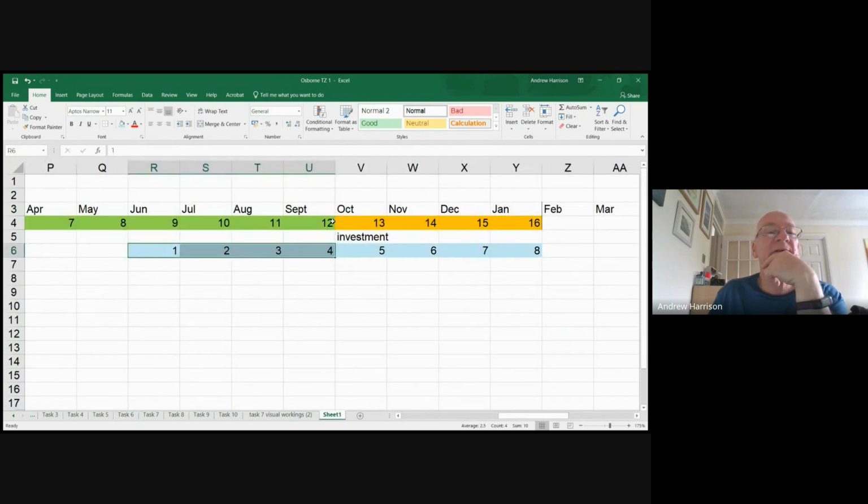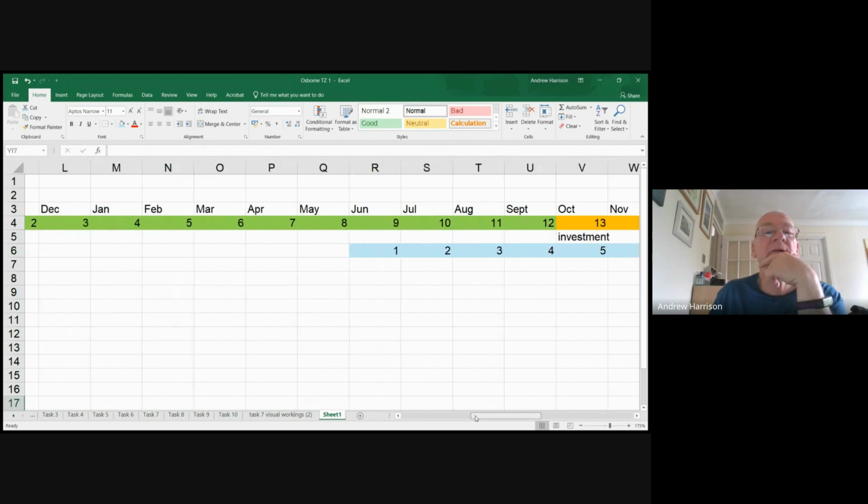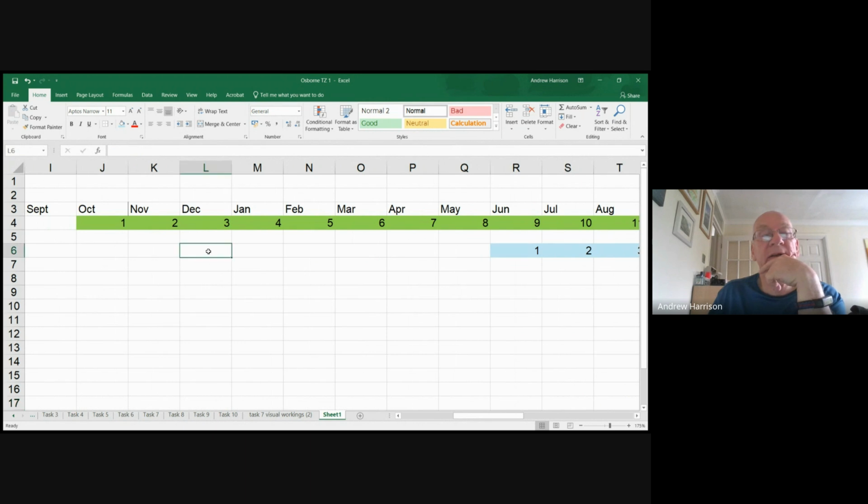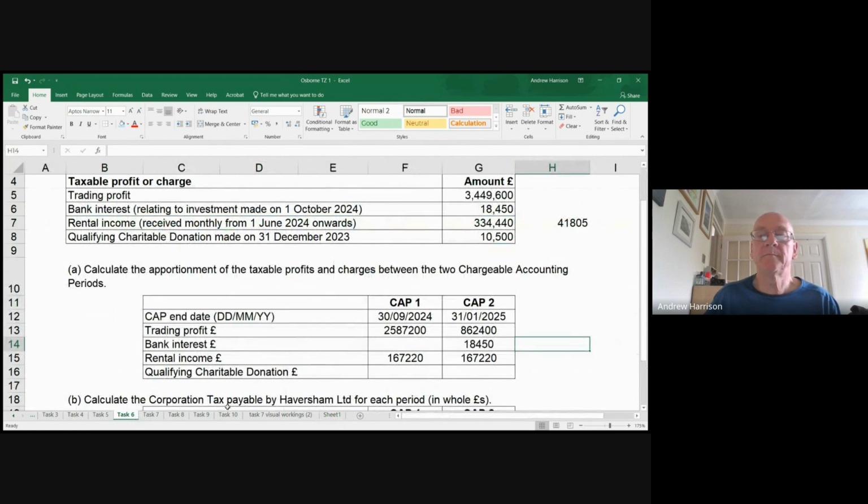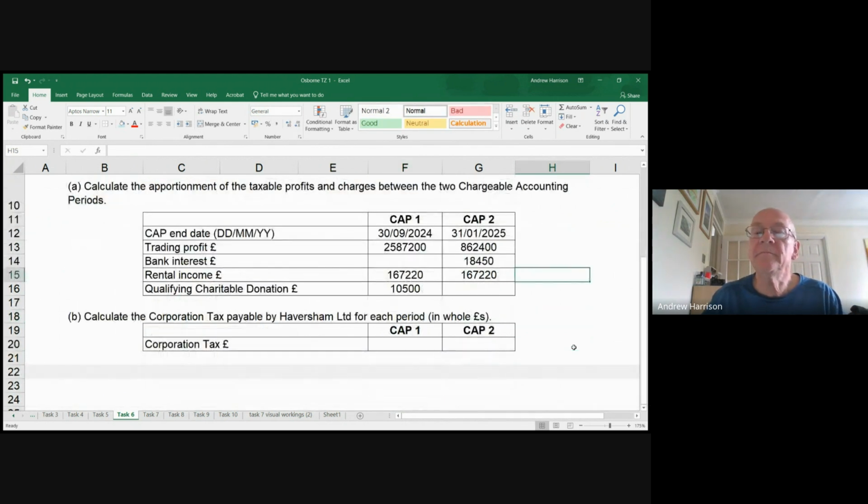December 23 is well back here. So that will go in the first cap. But that's going to be an add back. There's no pluses or minuses here. We've just got to remember to add back.